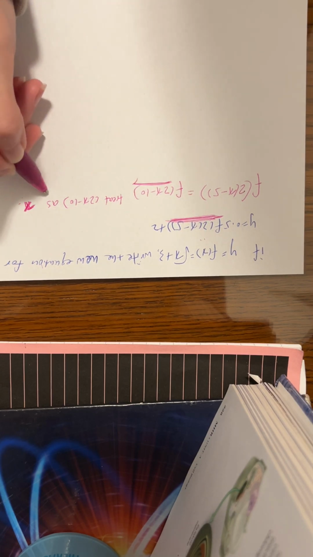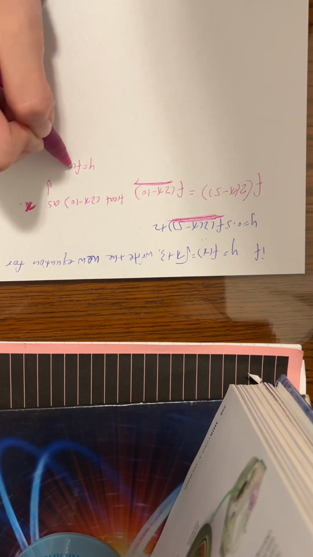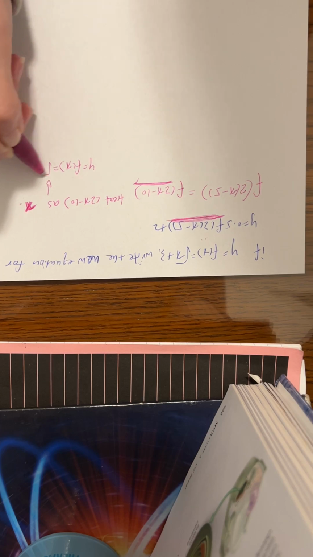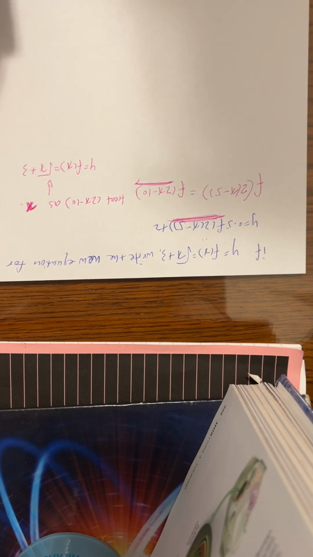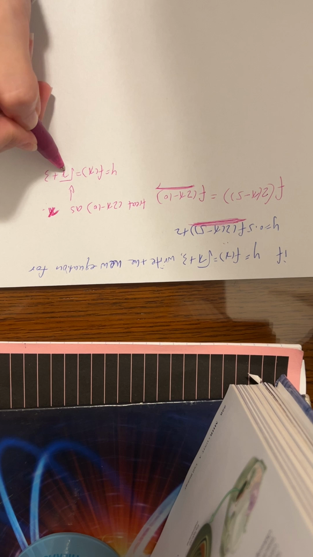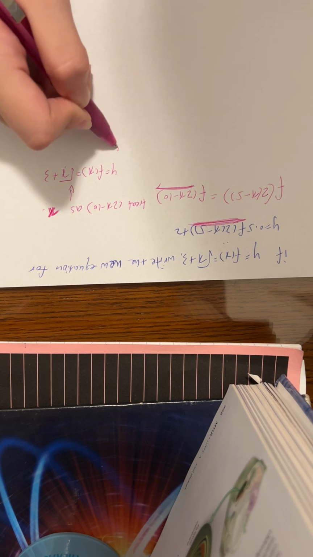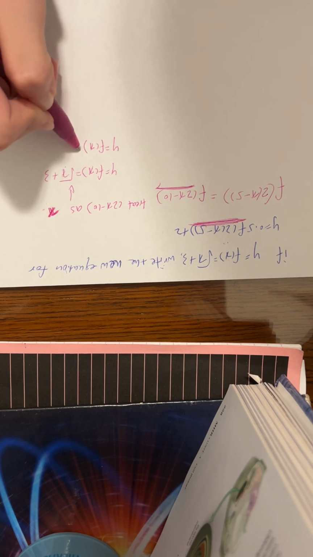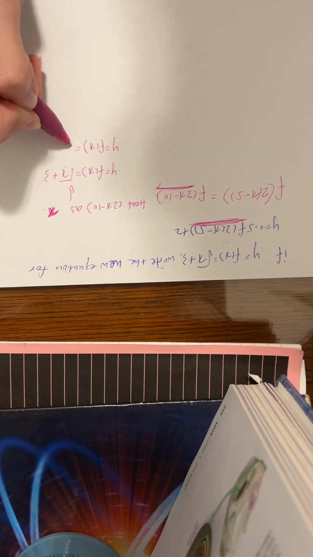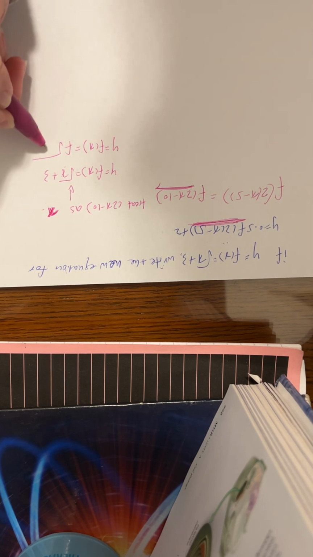Then you plug the x into here. So y equals f of x equals root x plus 3. You plug the x in, so f of x equals square root of 2x minus 10, plus 3.